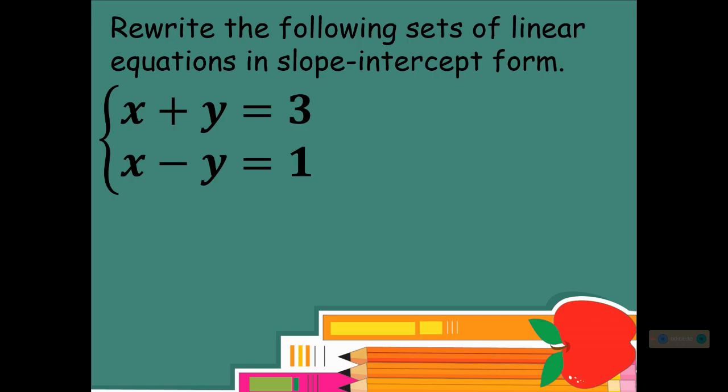We have to rewrite the following sets of linear equations in slope-intercept form. Can you still remember the slope-intercept form? Okay, so again, slope-intercept form is in the form y equals mx plus b.